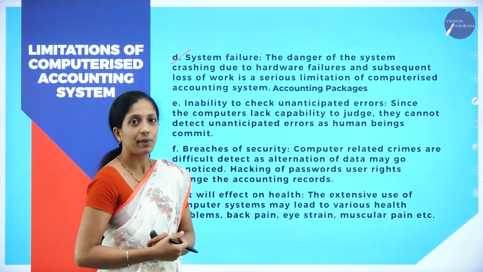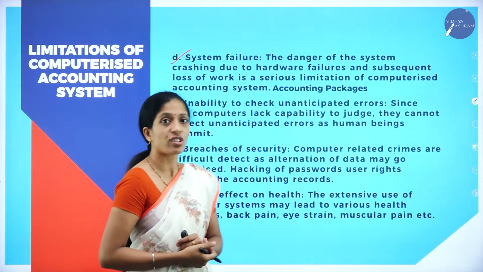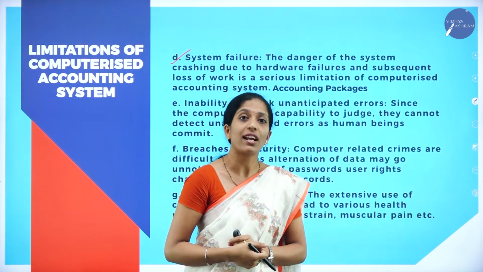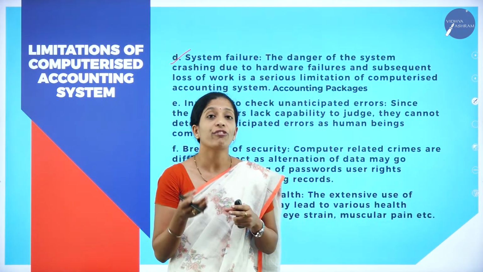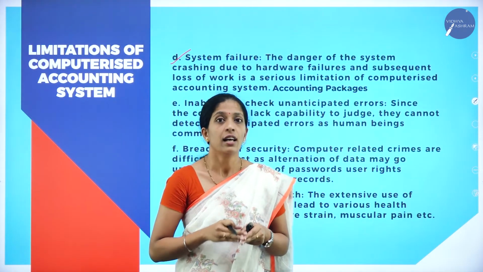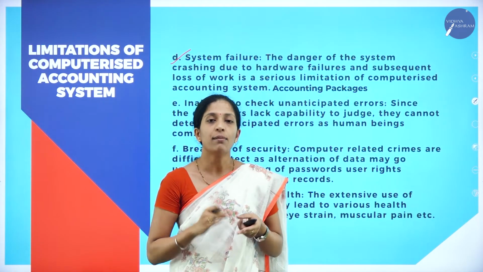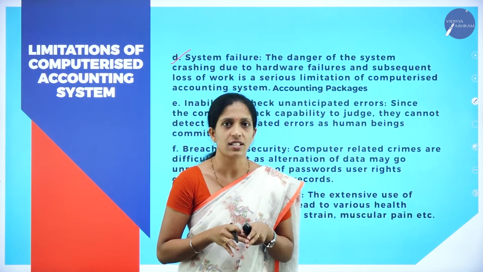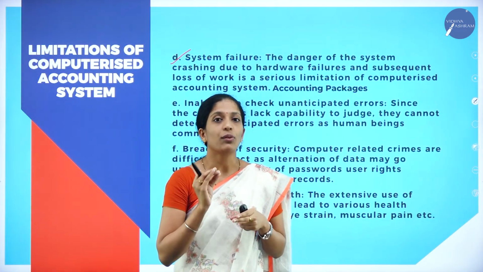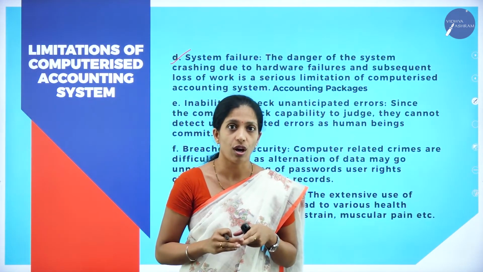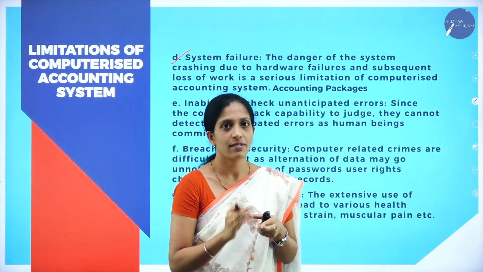So we are all familiar with this. There may be chances of system failure where each and every piece of data, since there is no physical storage of data under a computerized accounting system, depends upon the system. So if anything goes wrong, then the whole data will be destroyed.